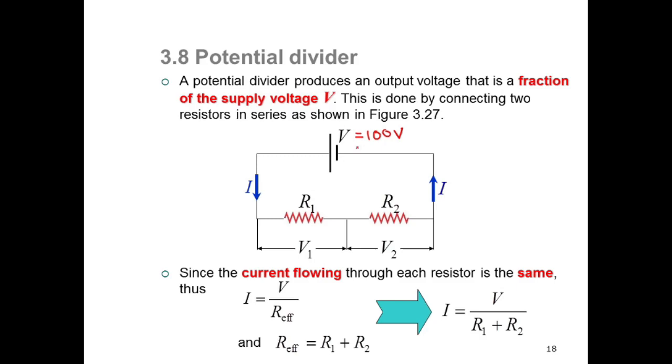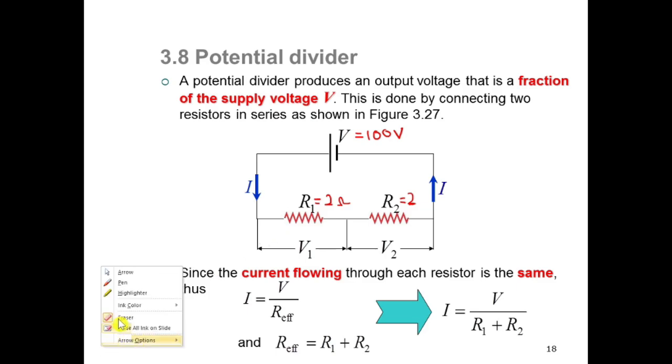So we connect this battery to two different resistors. If resistor 1 has the same value as resistor 2, for example 2 ohms each, and we put a voltmeter V1 to measure the voltage across resistor 1, the voltage will be divided evenly.